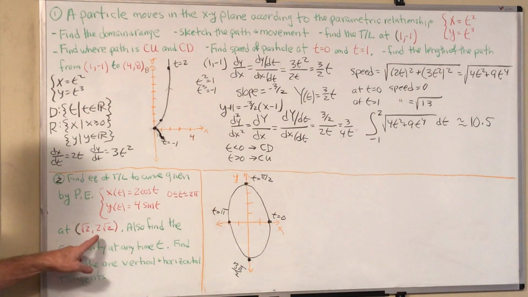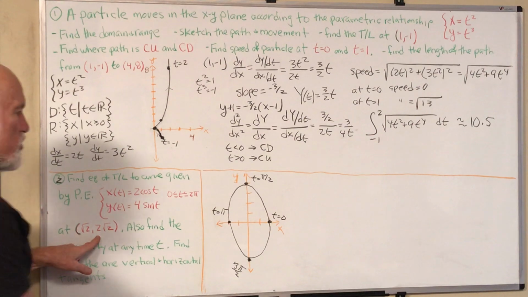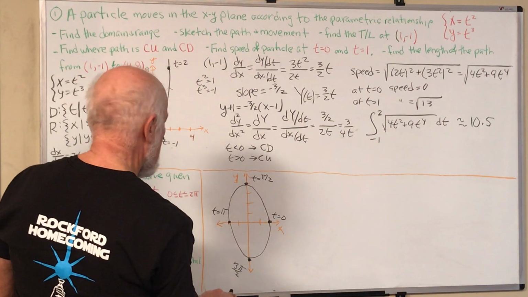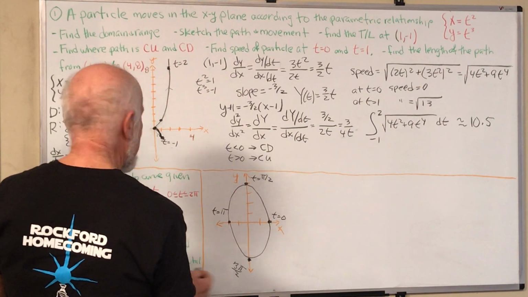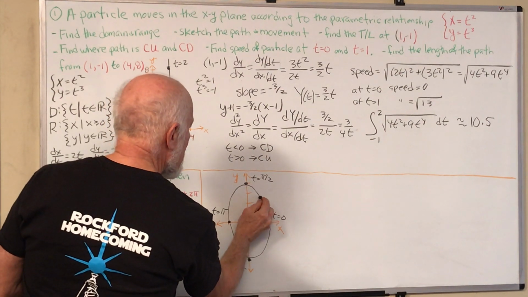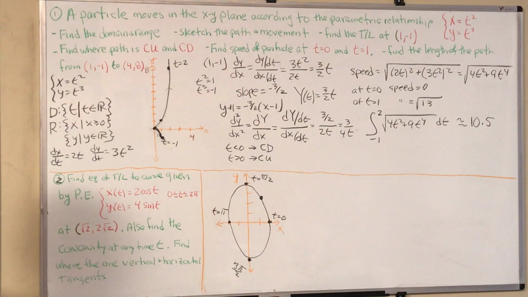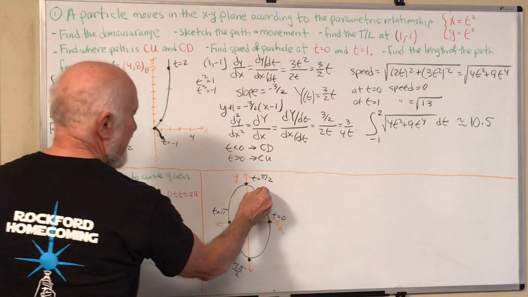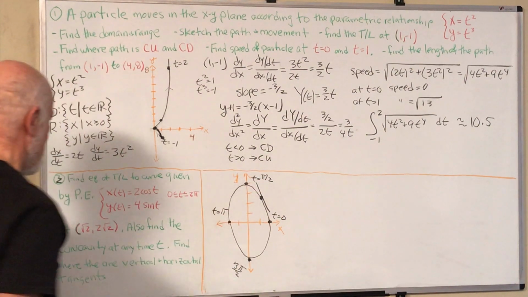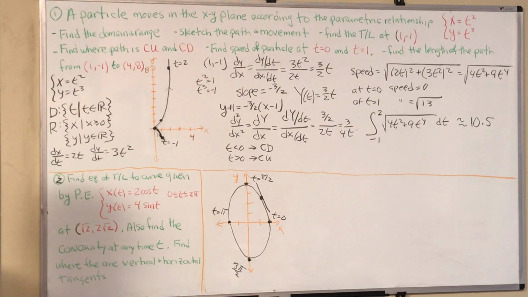And at the point (root 2, 2 root 2), we want to find the equation of a tangent line. So, what do I need? A point and a slope.